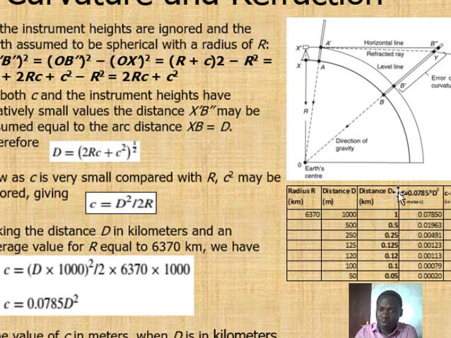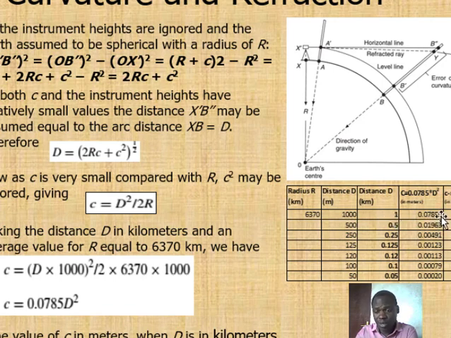And the values to be used will be converted into kilometers. And then we have the formula here for computation of the curvature error. And when we replace 0.0785 times the distance squared, we obtain the value here.